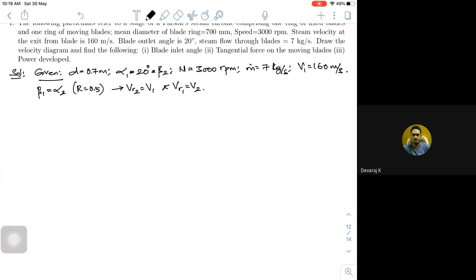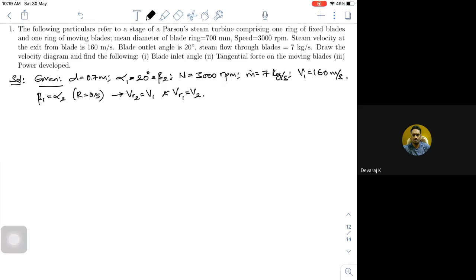So, what is the first thing you're supposed to do? Actually, we have to find the velocity triangles. Before that, let us find some of the things. So, U is given by pi into D into N by 60.